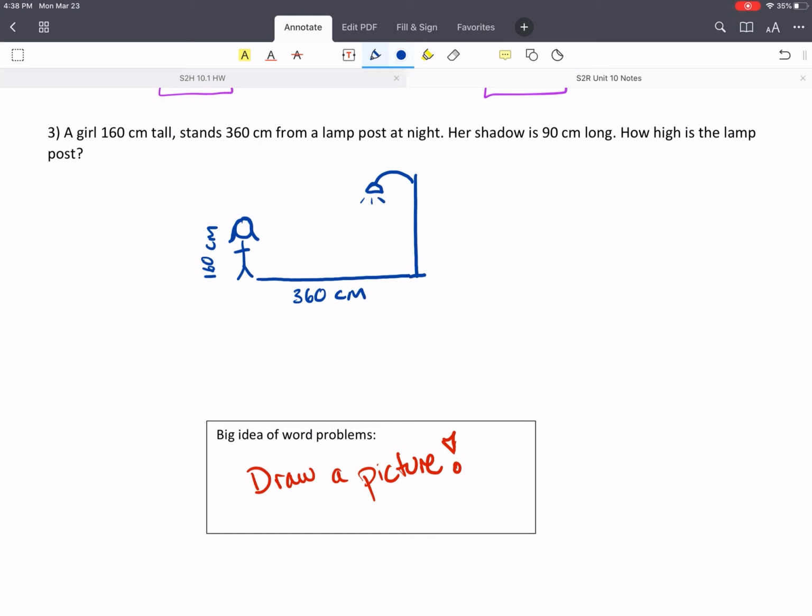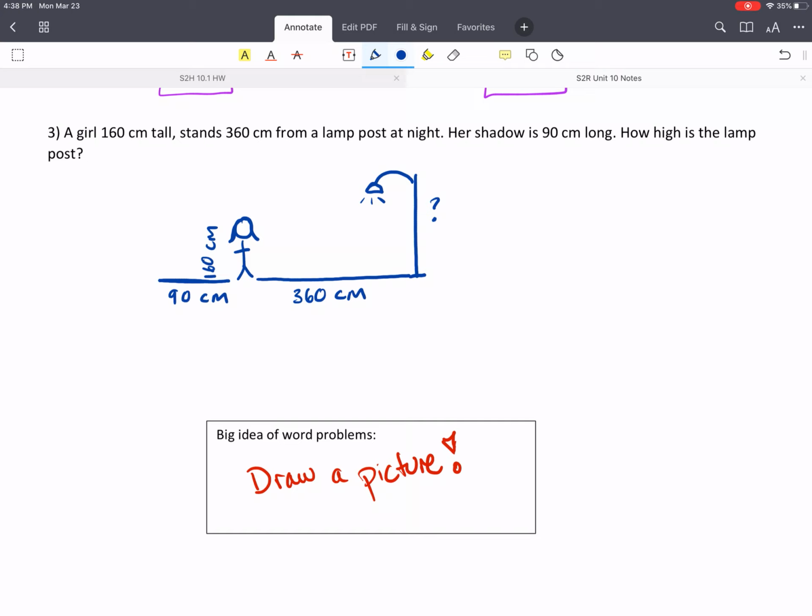You know, for someone with not much artistic ability, that's a pretty good lamppost. Okay, her shadow is 90 centimeters long. Well, if the light is in front of her, which way is her shadow going? Her shadow is going behind her. So this shadow is 90 centimeters. And we want to know how high is the lamppost.